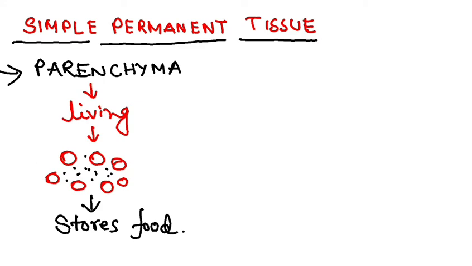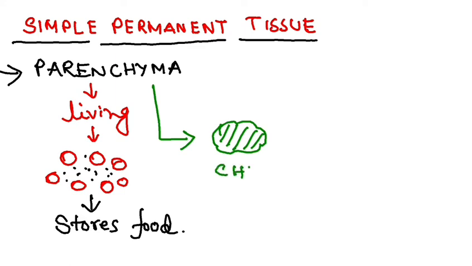Alright. Now there are various versions of parenchyma tissues. One version is, if the parenchyma tissue is green in color, that means it contains chlorophyll. If it contains chlorophyll, then it is called chlorenchyma.